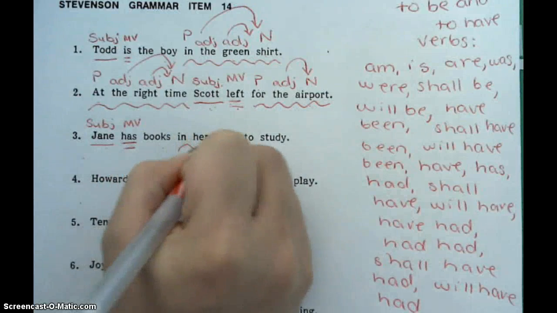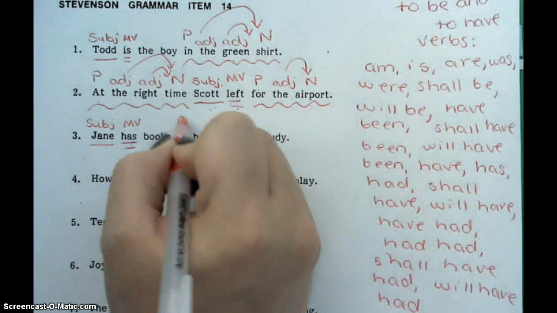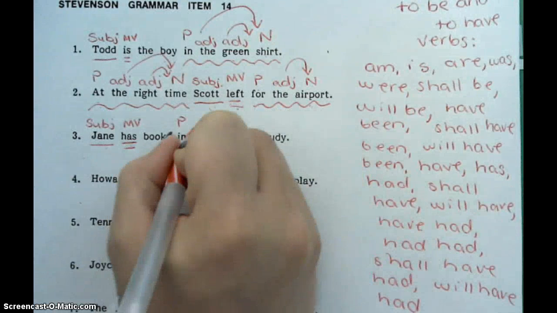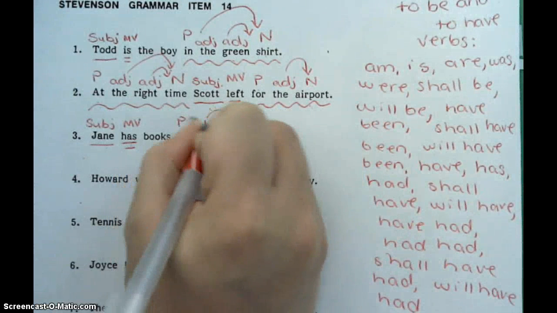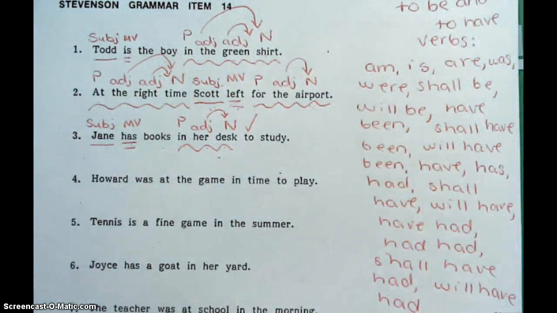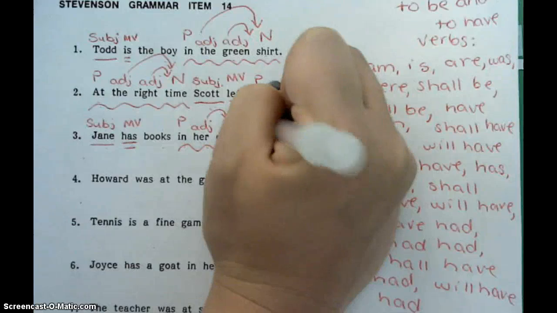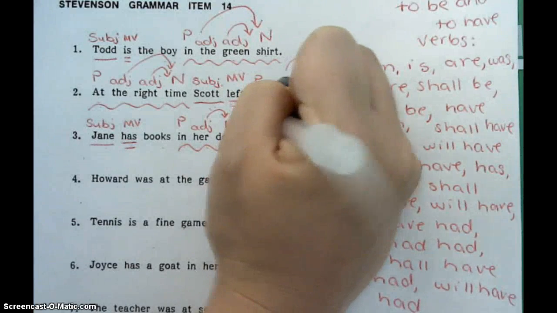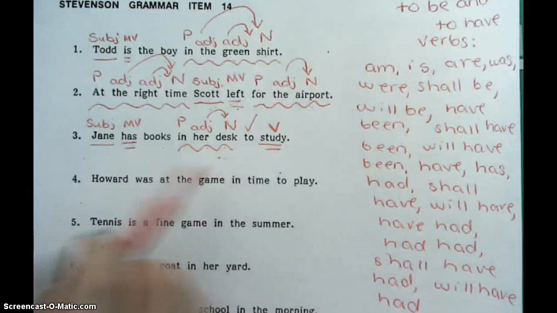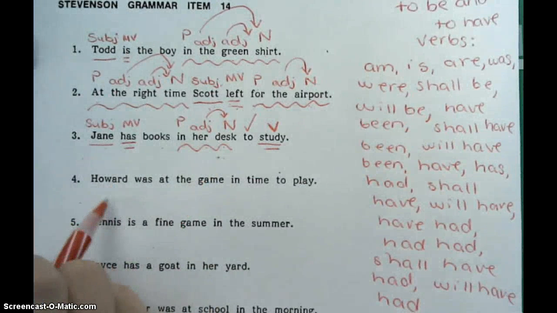So in her desk is a prepositional phrase. So in is the preposition. Desk is the noun. And the adjective is her. And then to study is a verb phrase. So I'm going to check off that to, and then I'm going to put a V for verb, and then double underline the study. All right, perfect. So we are going to move on to the next one.